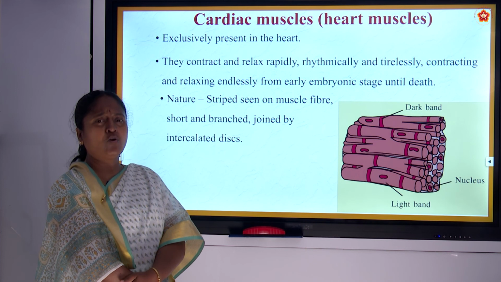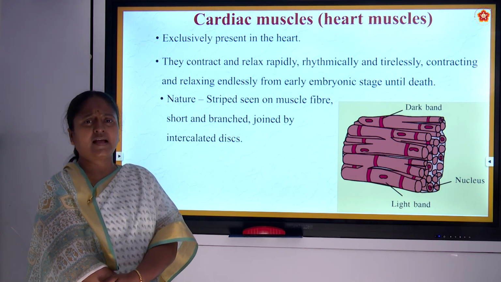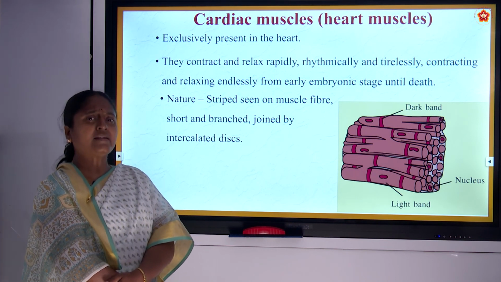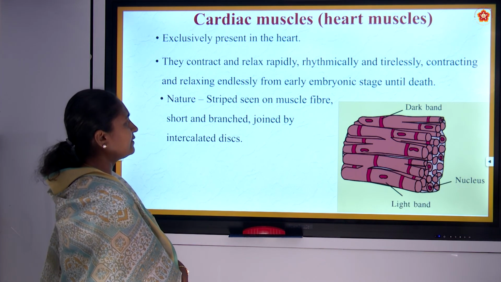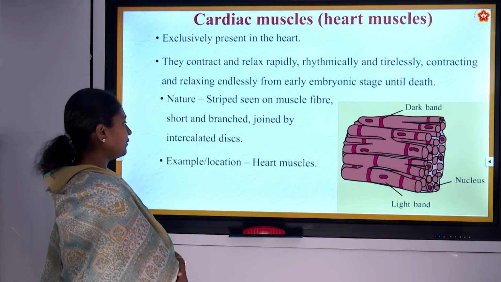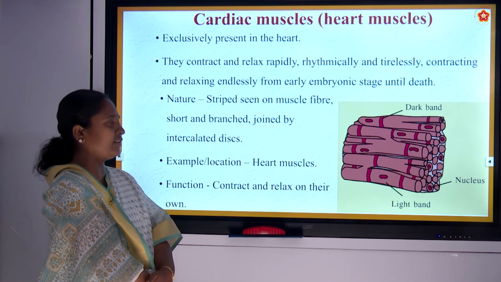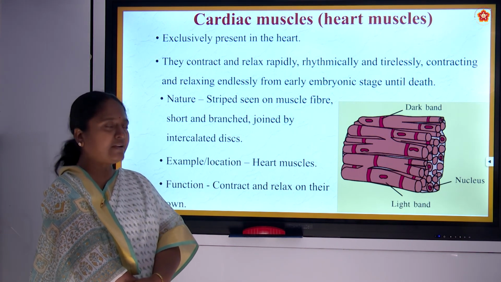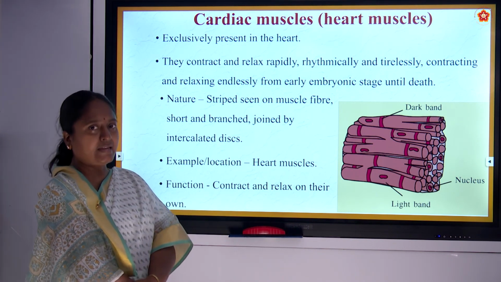One fiber will go up, the other fiber will go down, in the next it will go the other way, right? So similar kinds of intercalated discs are also present. So these muscles are totally different from other muscles, right? And they are present in the heart, and contraction and relaxation is the only function. Apart from that, it has no other function, but it has to do that without any rest.